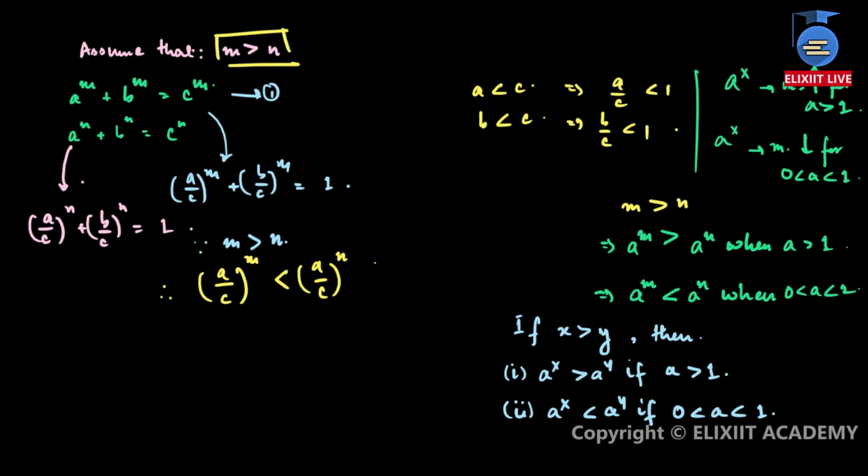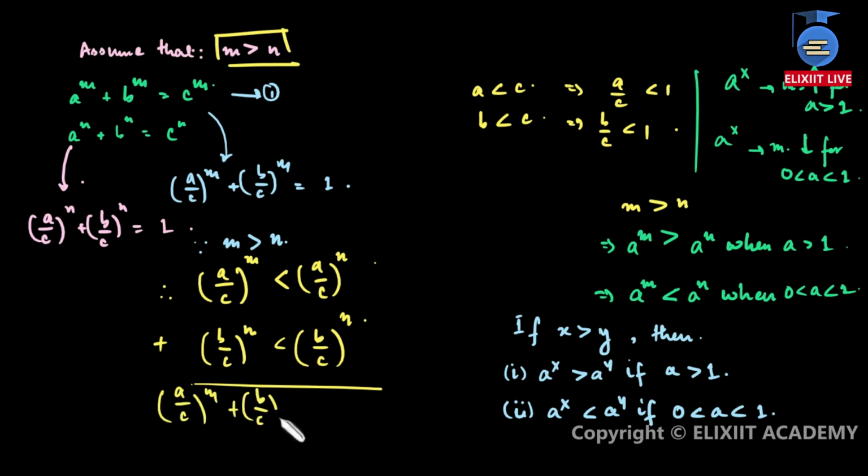Similarly, we can generate the next inequality: (b by c) whole to the power m is less than (b by c) whole to the power n. Now, if you add these two inequalities, left hand side with left hand side and right hand side with right hand side, we get (a by c) to the power m plus (b by c) to the power m is less than (a by c) to the power n plus (b by c) to the power n.